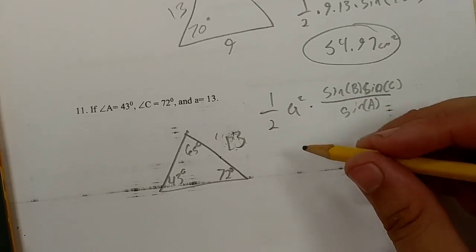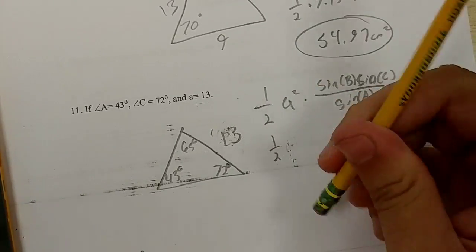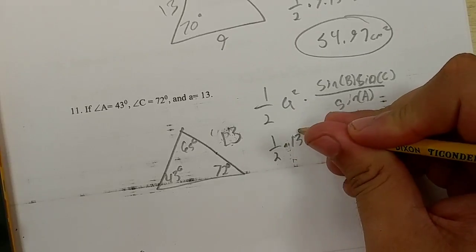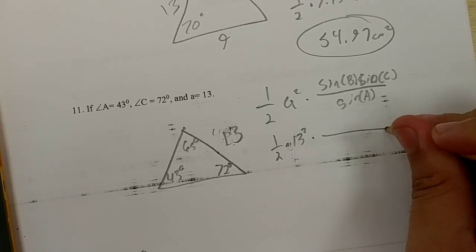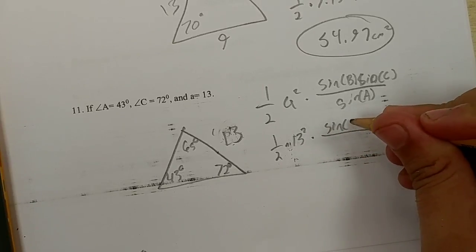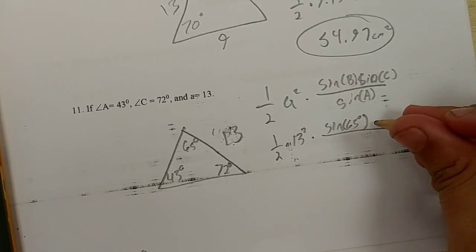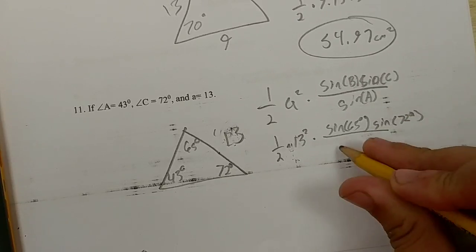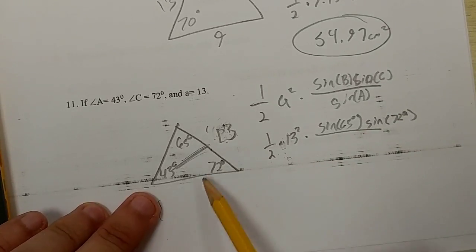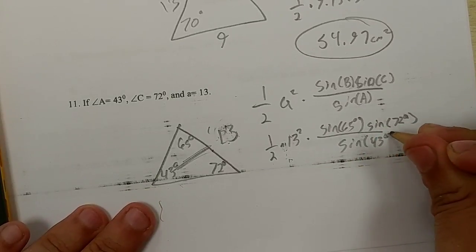So I actually know those numbers. 1/2 a squared is going to be 13 squared. So 1/2 times 13 squared, times sine of 65 degrees, times sine of 72, over sine of 43. It doesn't matter if you said sine B or sine C; sine C is going to be 72 degrees. What's important is the bottom one is the one that's across from A, so sine of 43 degrees.